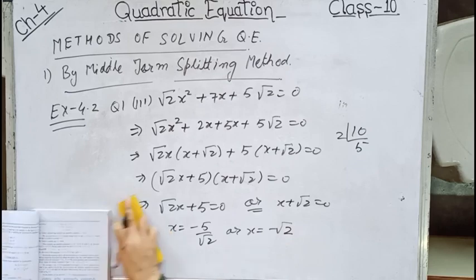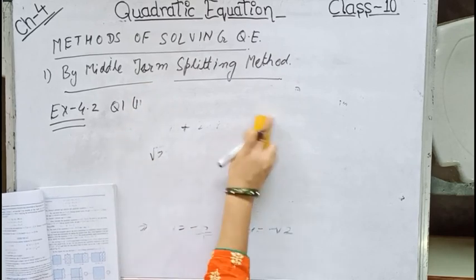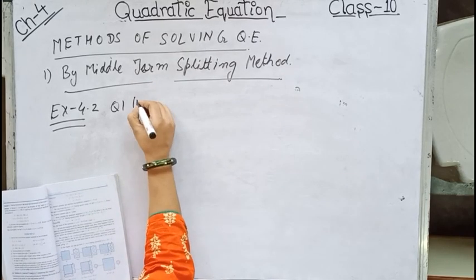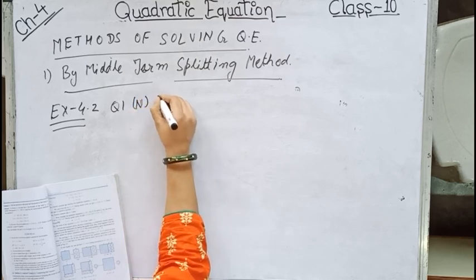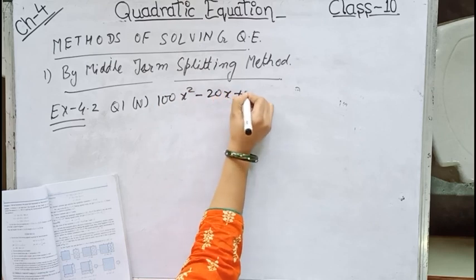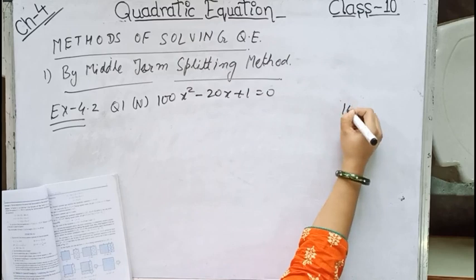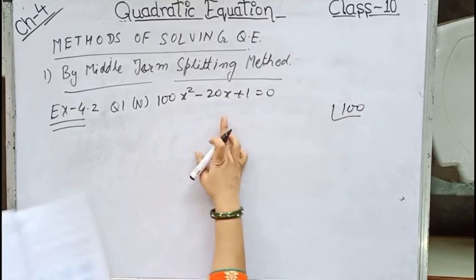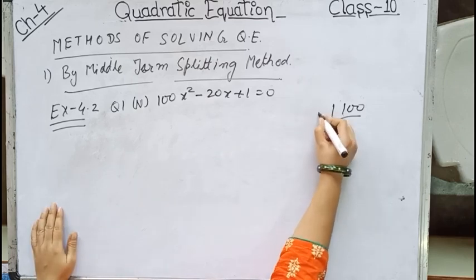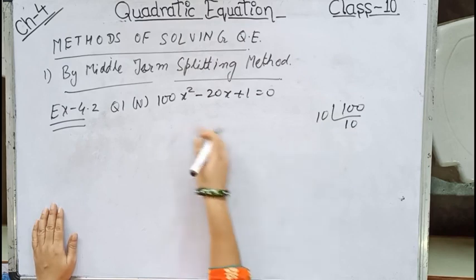Let's do the last part of number 5. Number 5. 100x square minus 20x plus 1 equals to 0. Now 100 into 1 is 100 and the factors of 100 we have to arrange to get 20. So obviously 10, 10, 100.